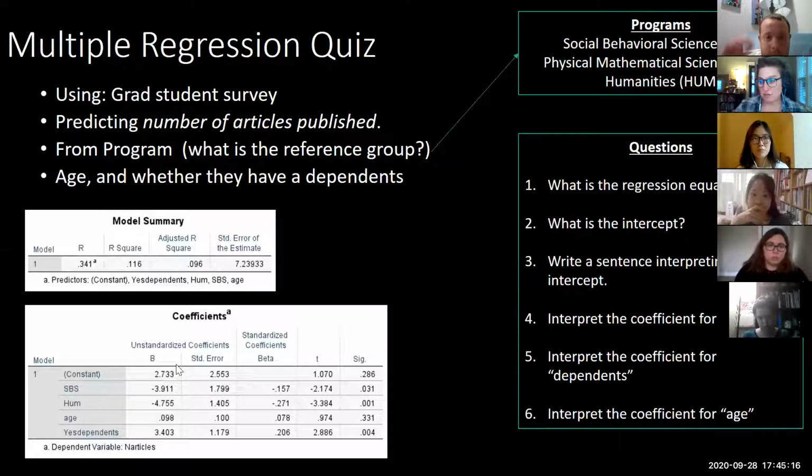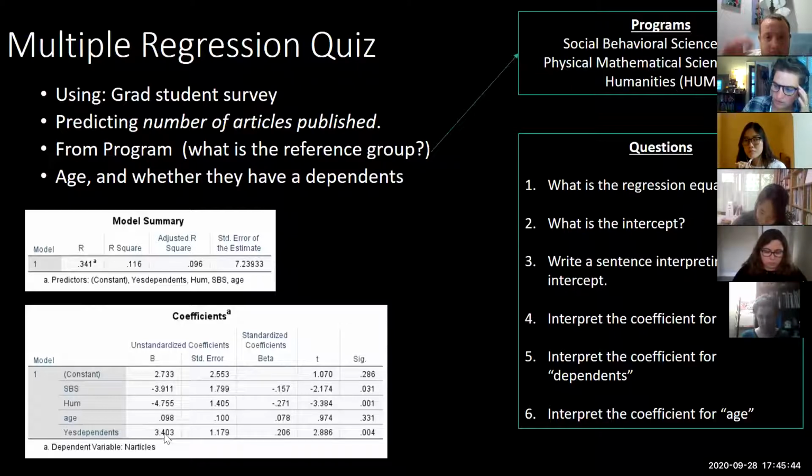Y hat is the expected number of articles. And so if I plug in a 1 for SBS, then I'm not predicting for PMS anymore. I'm predicting for social behavioral sciences now. And the same for humanities.